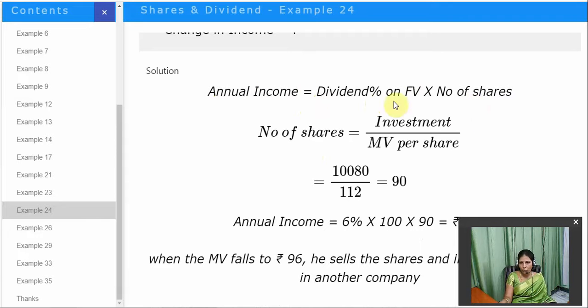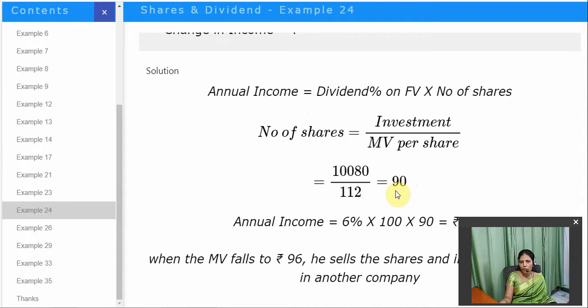This is the main formula to find the annual income, but in this you need to know the number of shares. It's not given, so you need to find it. The number of shares is equal to investment by market value per share. So first substitute and find out how many shares he is buying. So the number of shares is 90.